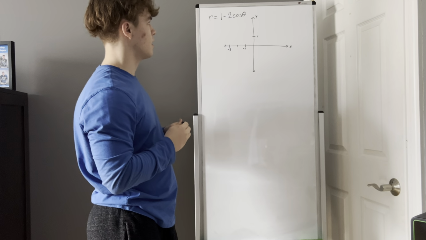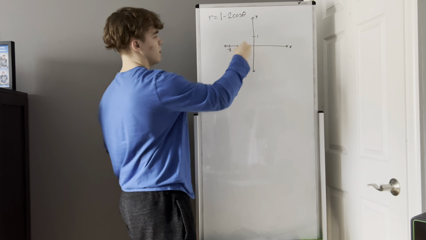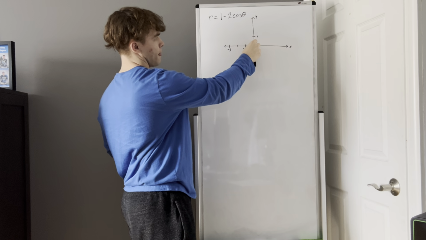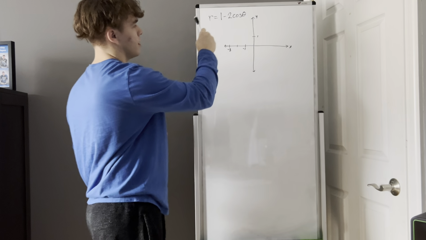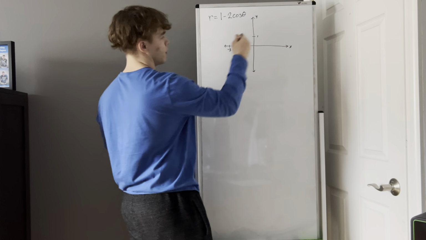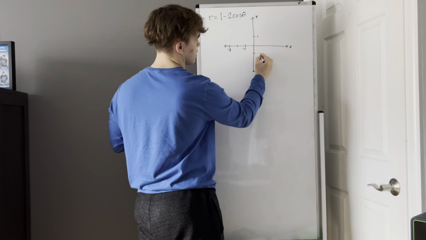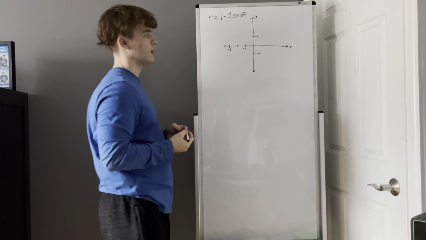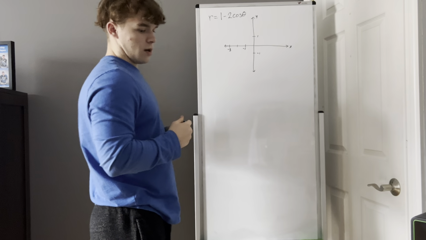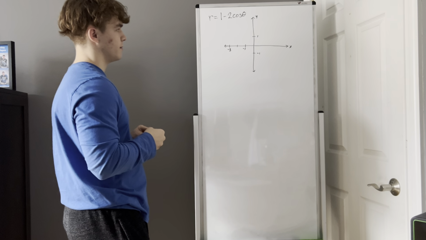Let's say theta, once again, is 3 pi over 2, pointing down. We get 0 for cosine theta. We just get 1 going down this way, of course. So that's -1 in Cartesian coordinates. So what do we get here?